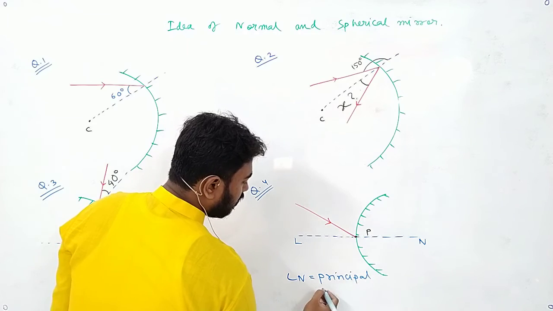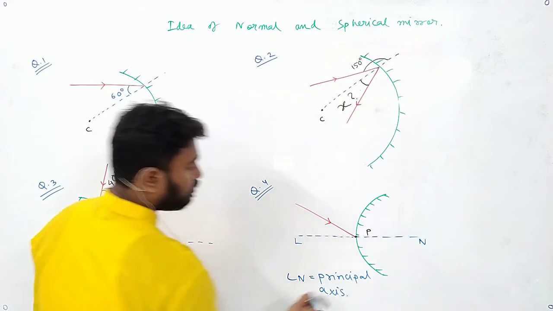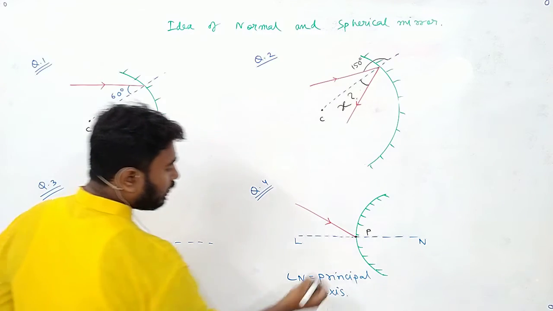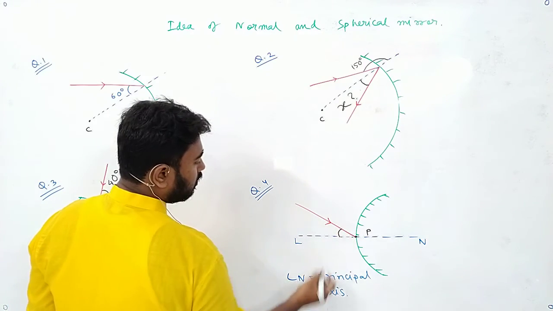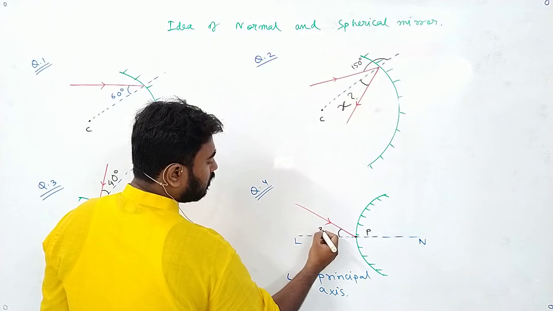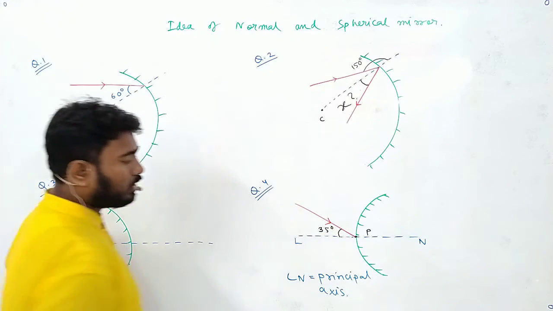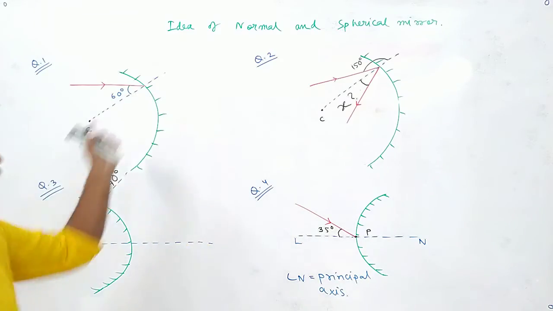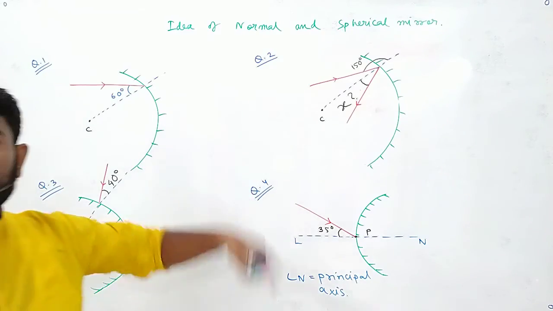Now the angle, this one is 35 degree. You are asked to complete the figure. Draw all 4 of them and complete the figure.